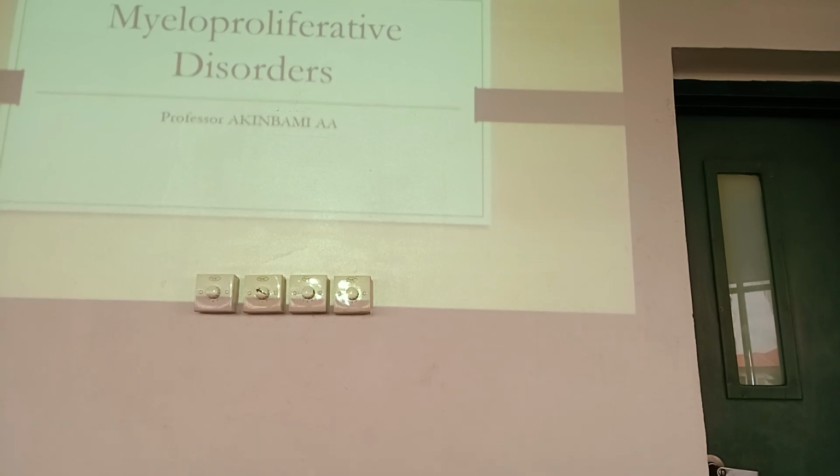What's the normal PCV for male? For male, it should be between 40 to 50%. For female, between 37 to 47%. And for neonates, it's between 44 to like 64.